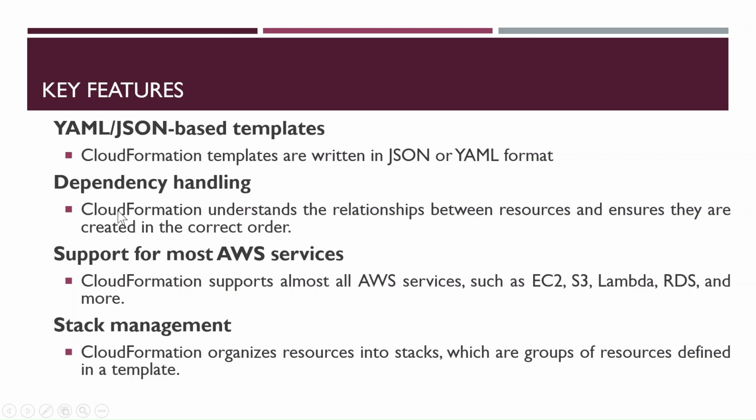And secondly, dependency handling. CloudFormation understands the relationship between resources and ensures they are created in the correct order. For example, if a resource like an EC2 instance depends on a security group, CloudFormation ensures the security group is created first.